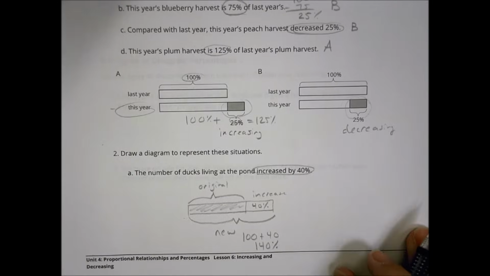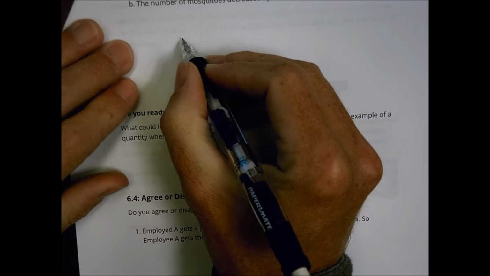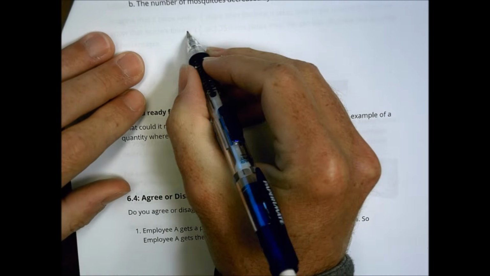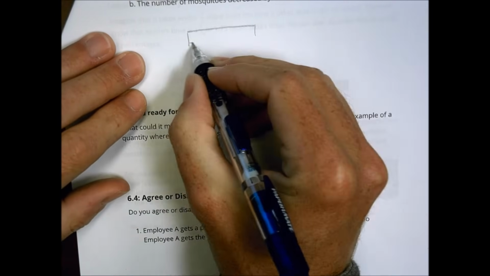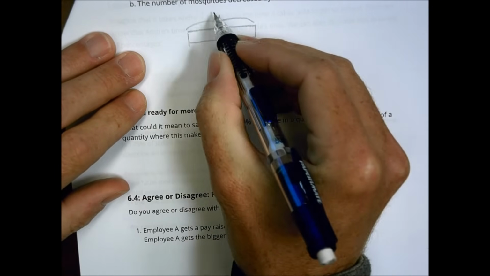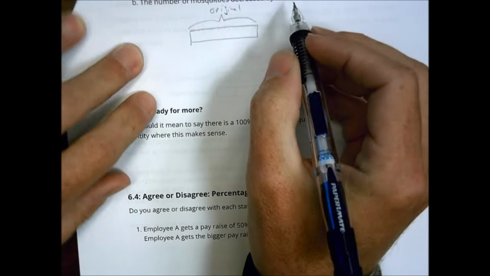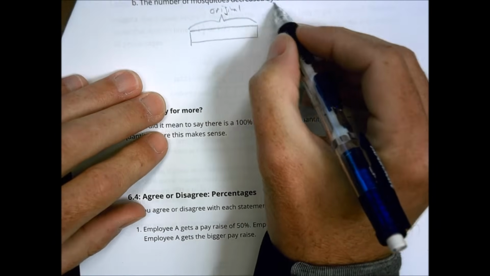Okay, let's look at number 3. And again, just drawing a diagram here, if we were to say I had a number of mosquitoes, here are my mosquitoes here. All right, and that's how many I had originally, was that amount there. And I'm decreasing by 80%.